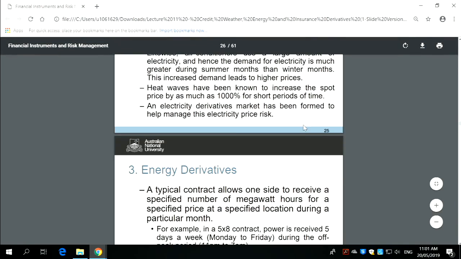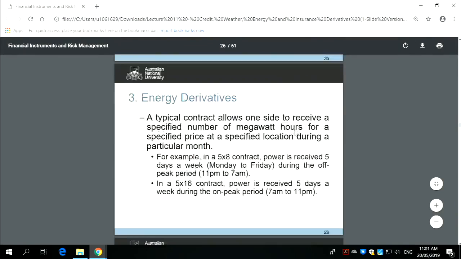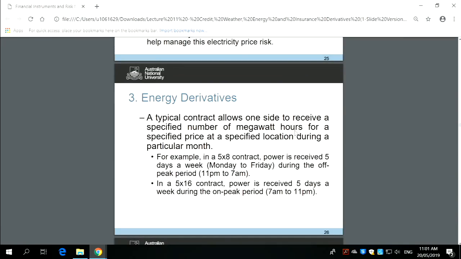Okay, so what do these energy contracts look like? A typical contract specifies a number of megawatt hours for a specified price, for a specified time, and for a specified location. For example, you can have this off-peak hour derivative.